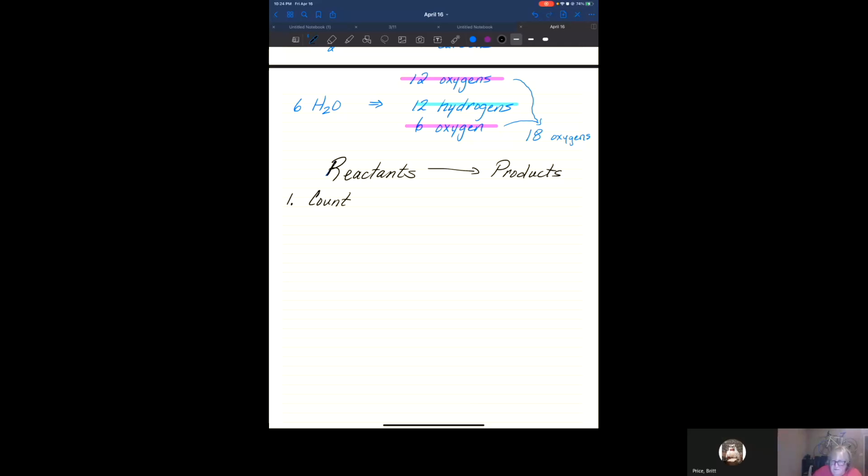So let's count the number of each kind of atom, or polyatomic ion.